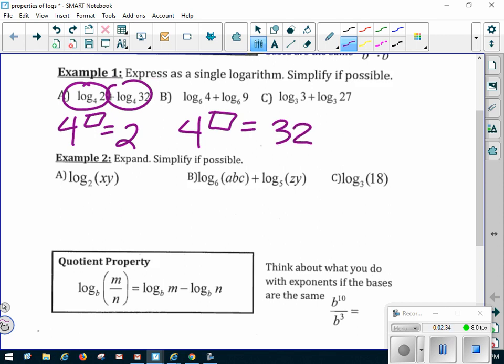Now, we could do some stuff with that. Could we do some stuff with that? I want to show you something. This is just like a problem we just did from your homework. Can I rewrite 4 as 2 to a power? What is it? So, 2 to the second power, right?